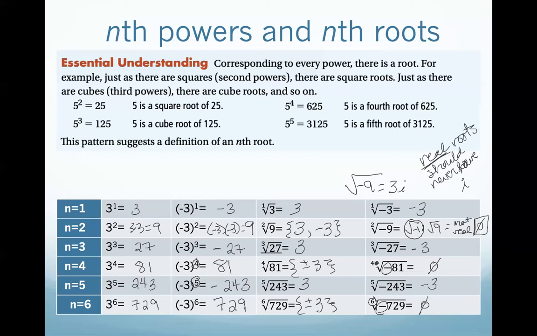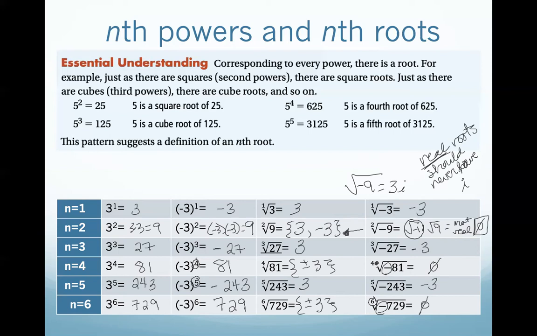So the values that would have had a positive solution when we raise it to an exponent now have no real solution when we're looking at radicals. And the reason we don't have a solution is because -3 squared gives us a positive radicand.